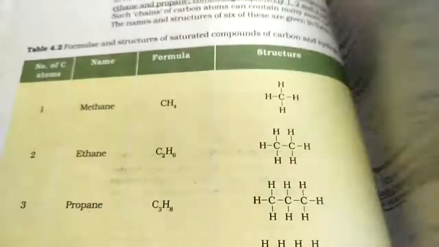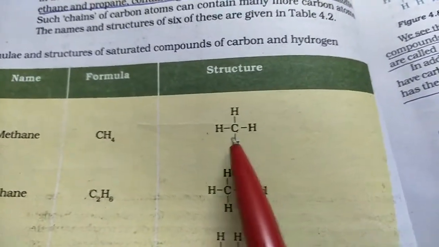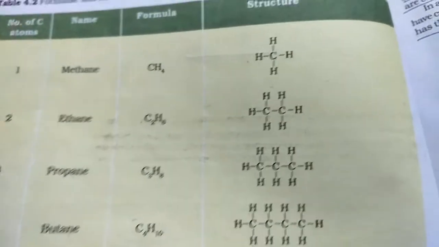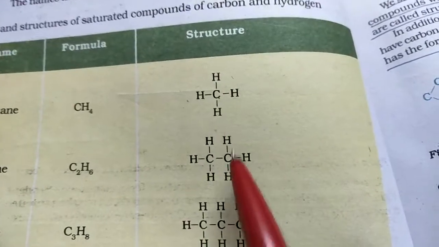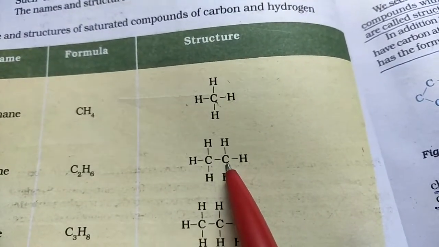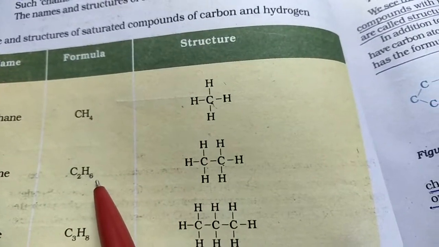See, if you see previously here, the difference between this and this is one, in the homologous series of alkane. Now each member differs by one CH2. So if you see here, one C is less. Here there are 4 hydrogens, and here how many hydrogens are there? 6.